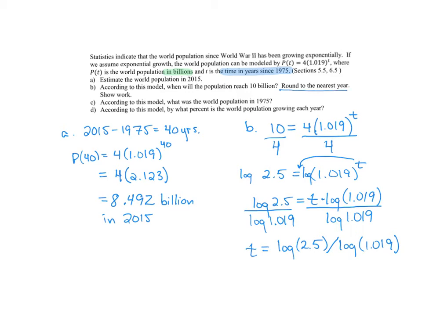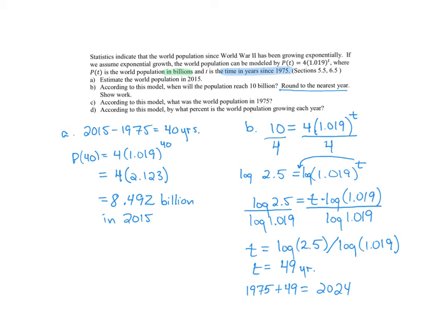I got 48.68, etc. Now, when we do this, it says when, so I do want to add this to 1975. So the population will reach 10 billion in 2024. And we're done.